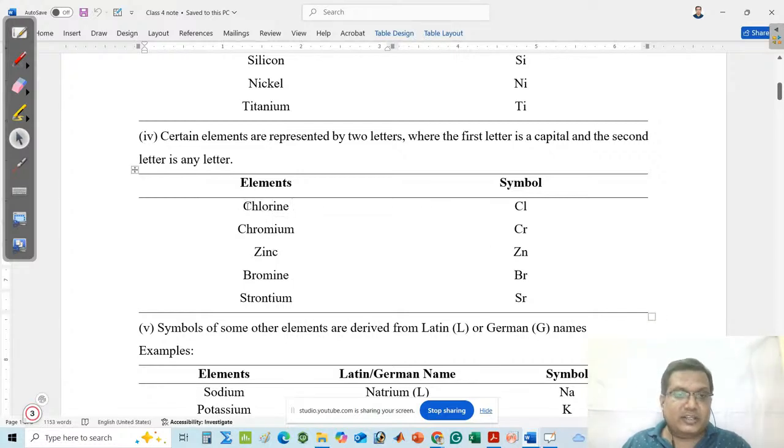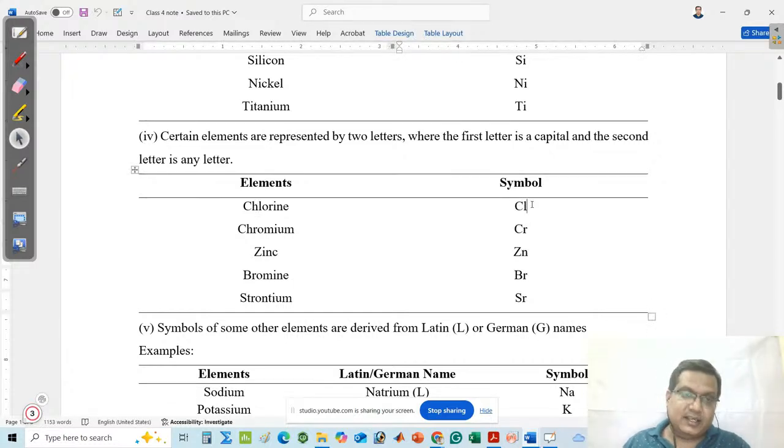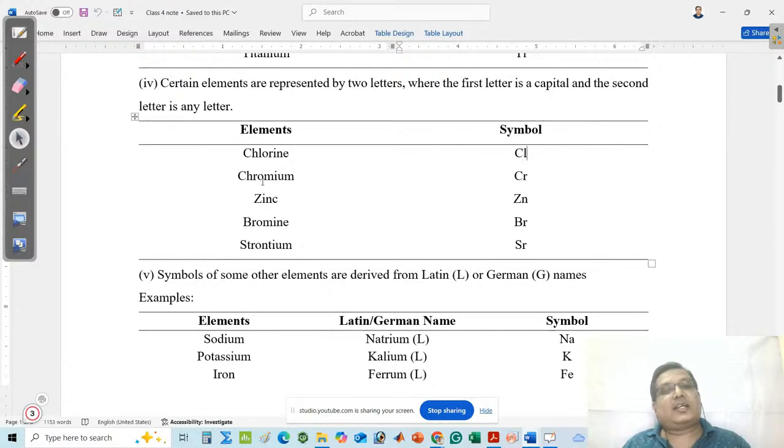The first two letters are CH, but the symbol is not written as CH. Here the symbol is Cl. That means for writing this symbol, the first letter C is used, and the third letter, L, is used. That means the second letter may be any letter of the name of the element.